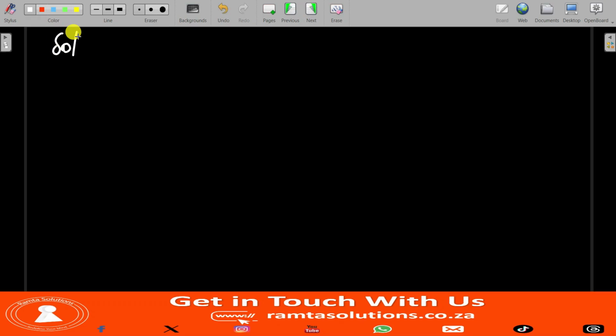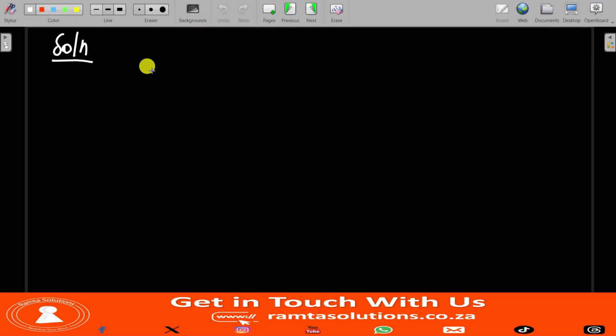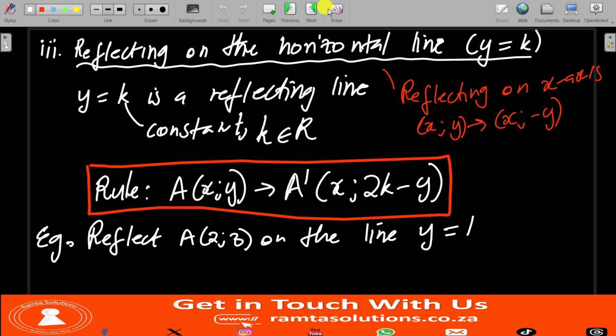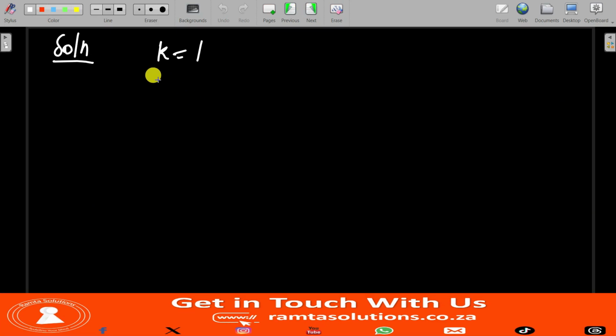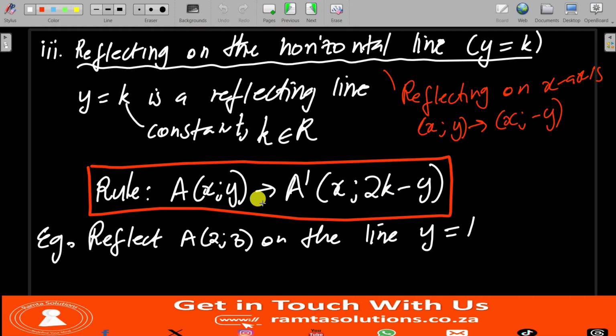So our solution: we can see k equals 1. Now we need 2k minus y. What is k? k is 1. What is y? y was 3.